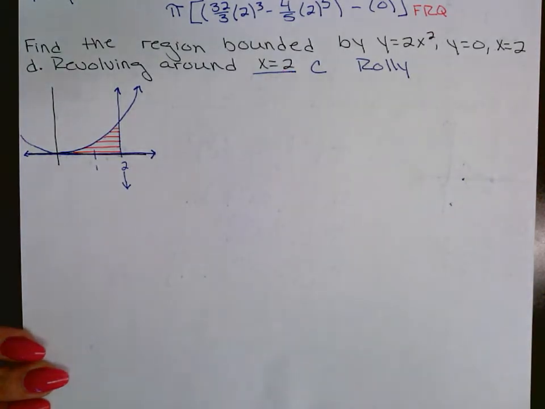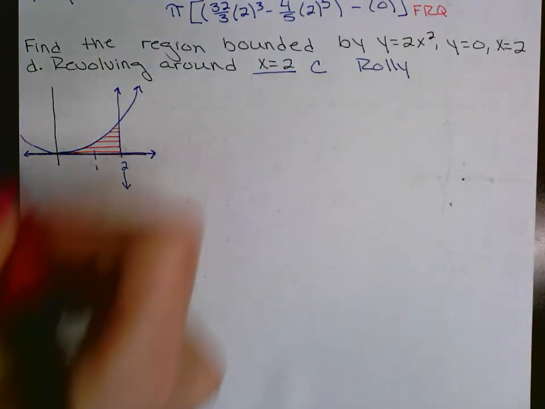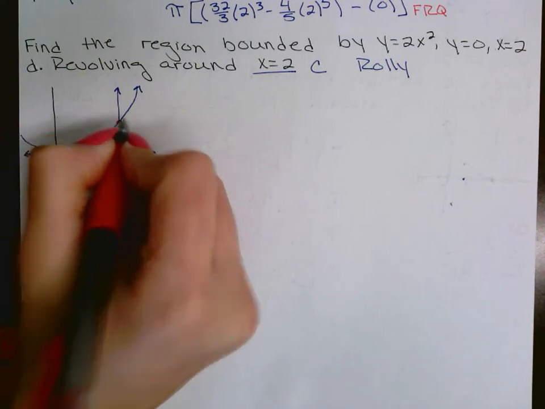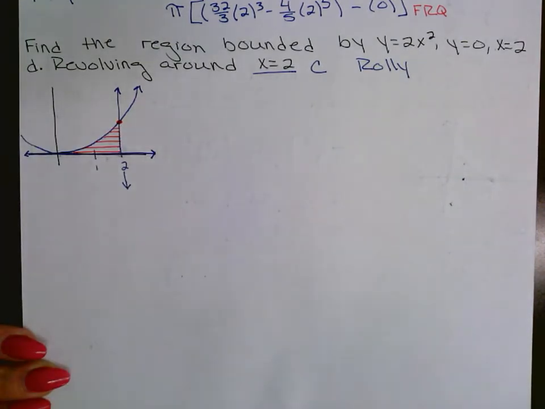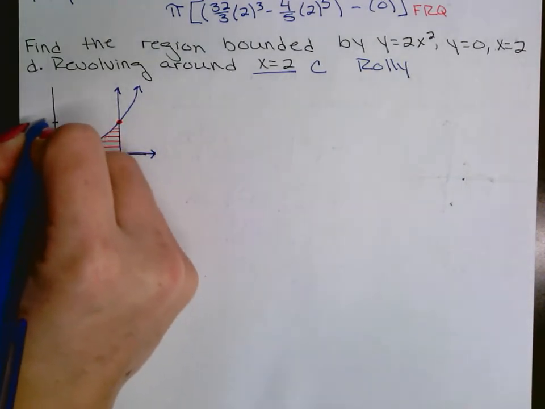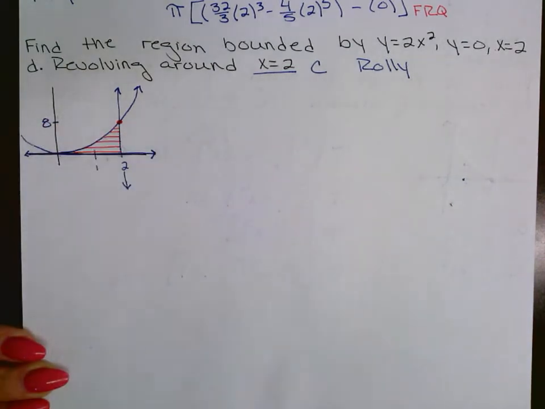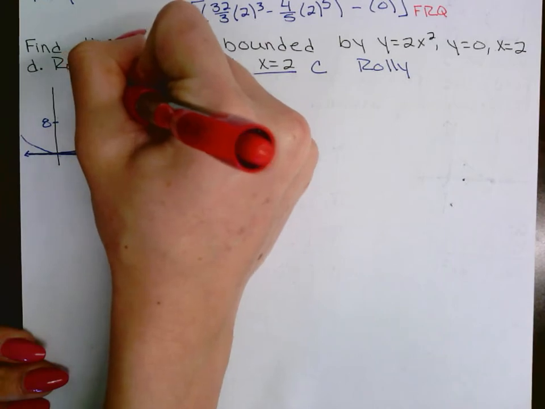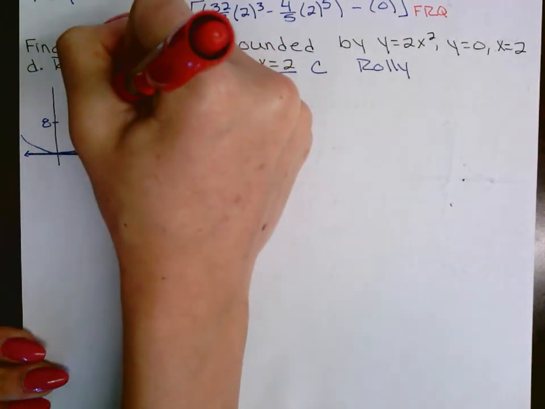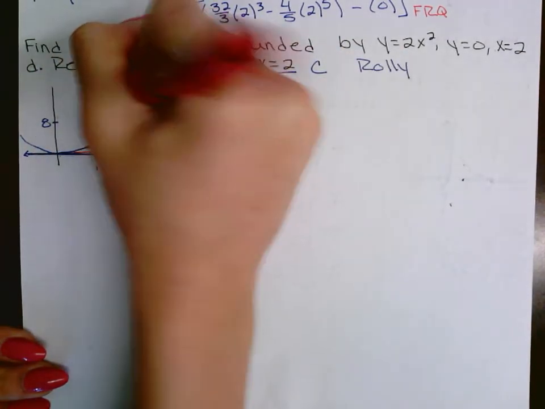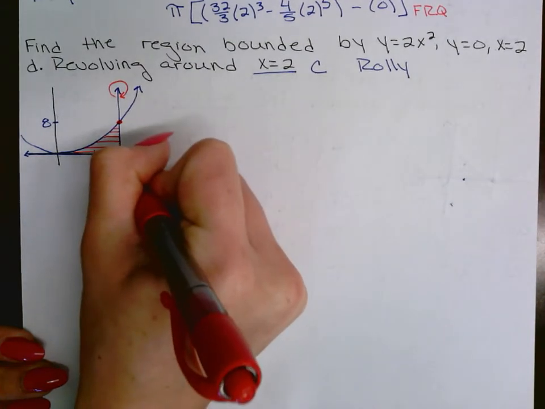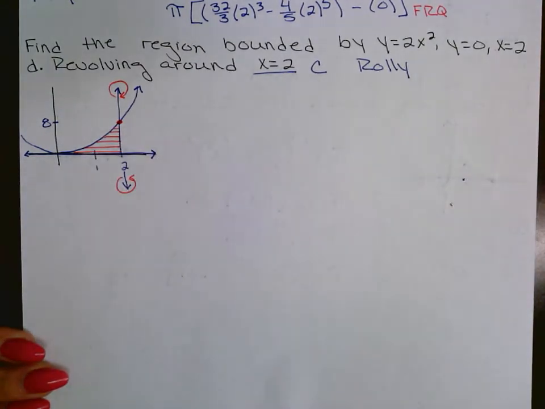Okay, so this is, again, probably going to be the tougher one we'll see. So according to the questions that we did earlier, we already did the work to find out what this point was. What was this point here? 8. Okay, and now I am revolving around x equals 2. So I am revolving around this guy. We see that? Okay.